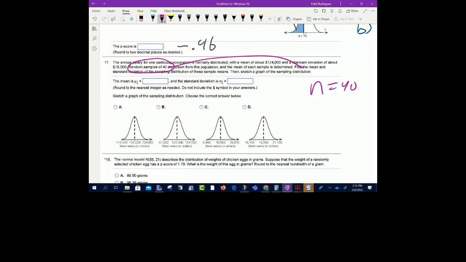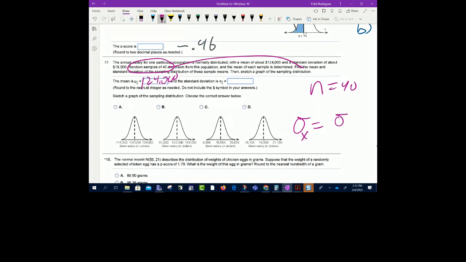Find the mean and the standard deviation of the sampling distribution of the sample means, and then sketch the graph of the sampling distribution. My mean should still be the same number, which was 124. Now, how do we find the standard deviation of our sample?